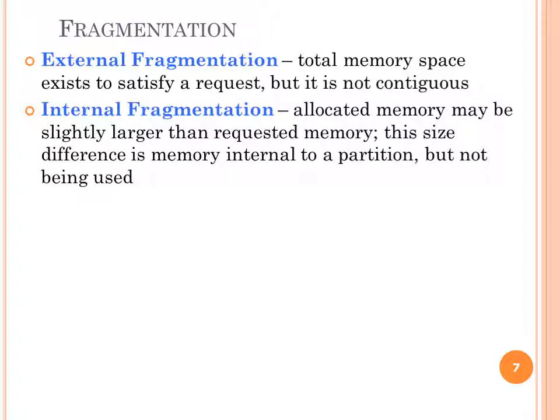This size difference is memory internal to the partition but not being used. So in all, external fragmentation is the entire contiguous block which is left out after all the processes are allocated. Internal fragmentation is within every partition. The small holes are created after the process is allocated to the partition.